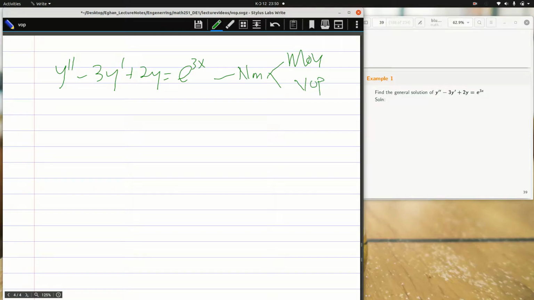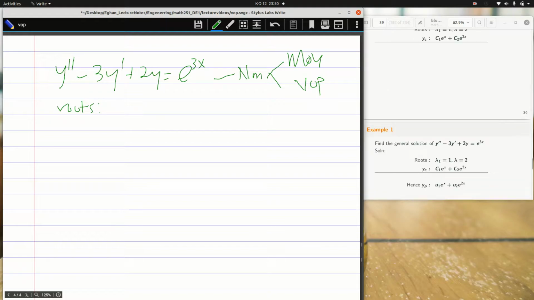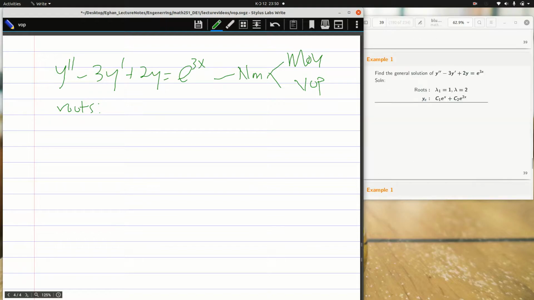We first have to find the roots as usual. I don't want to go through that, so I'll quickly check my answer here. The roots are 1 and then 2. It means my complementary solution is of this form. Okay, that is it.